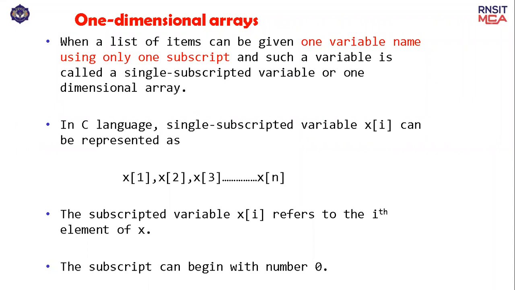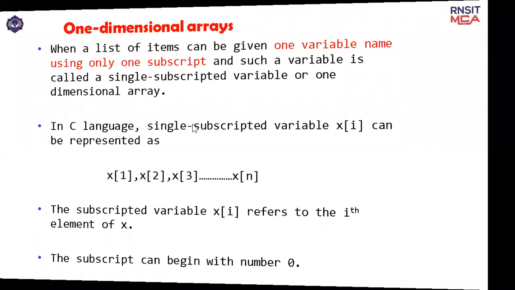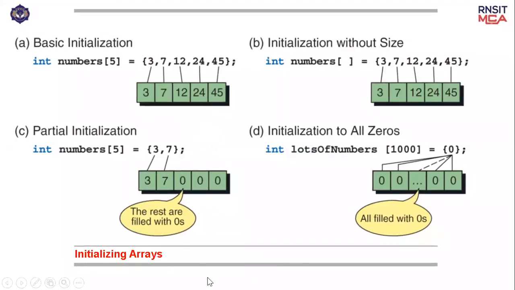And now, how to create and initialize an array. Look at this first example, initializing an array. Initializing an array means you are creating as well as giving values to an array.